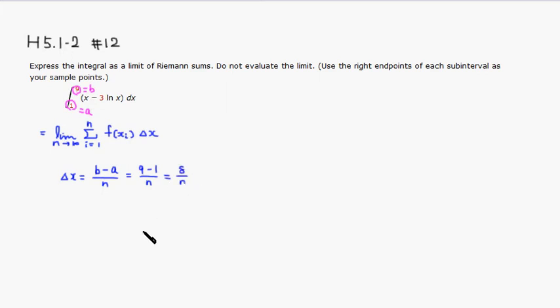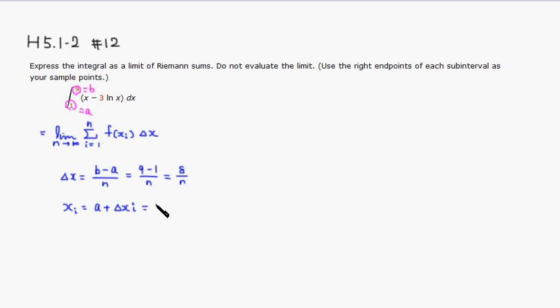Then let's see, we want to find xi. So xi is simply a plus delta x times i, and we already know what a is.